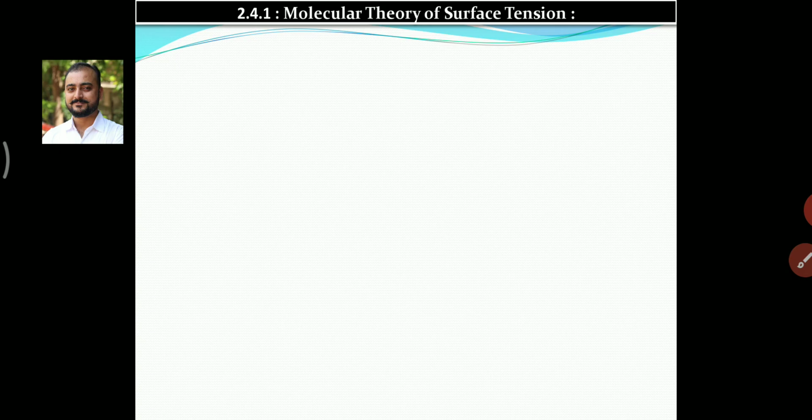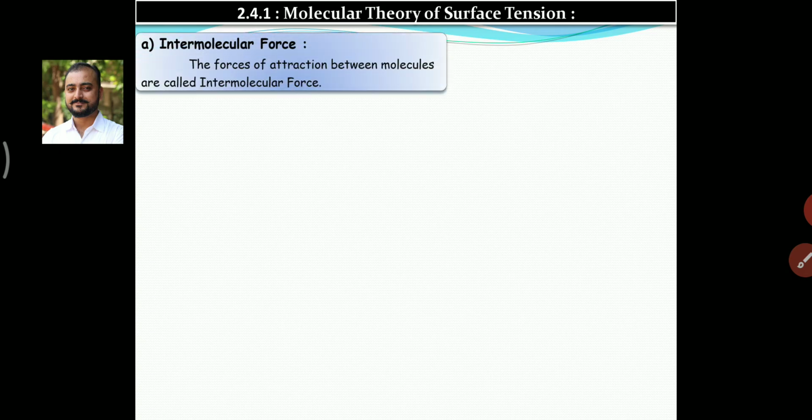Now our topic is the molecular theory of surface tension, in which we have to study first the intermolecular force. What is the intermolecular force? The force of attraction between the molecules is called intermolecular force.